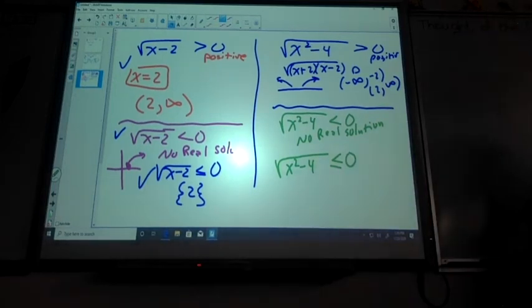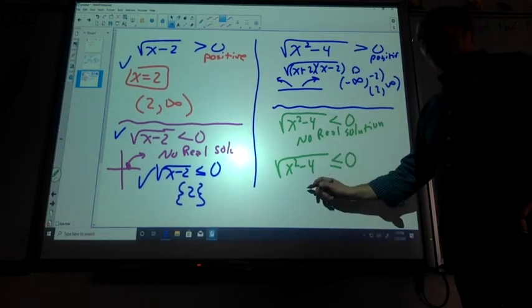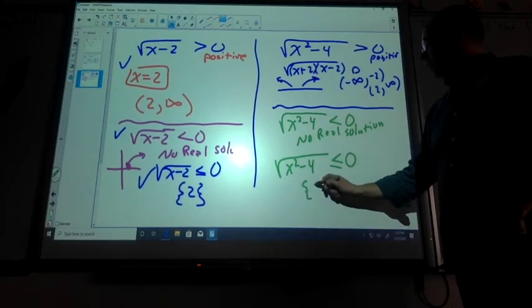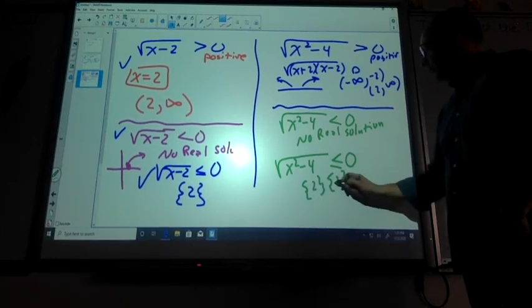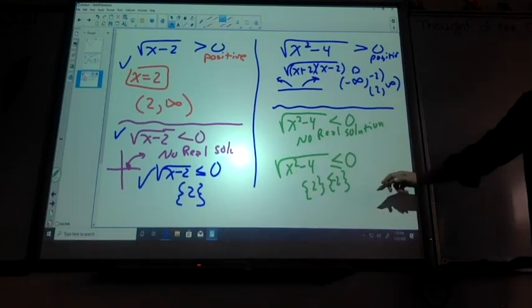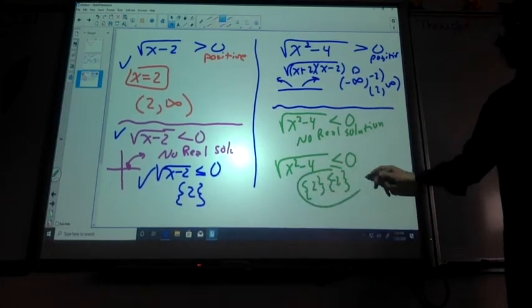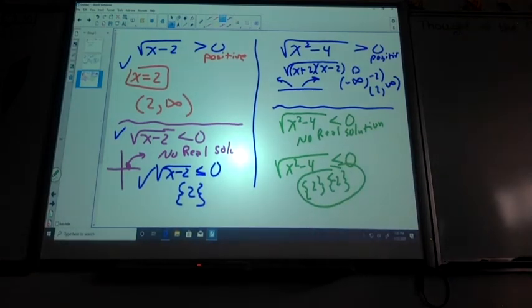What happens there? Yeah, kind of weird, you'd have individual brackets. You have 2 and -2 work. So there's your 2 answers. If you forget to put the brackets, that's fine. But just realize there's only 2 answers that exist here because they're equal to 0. Okay?